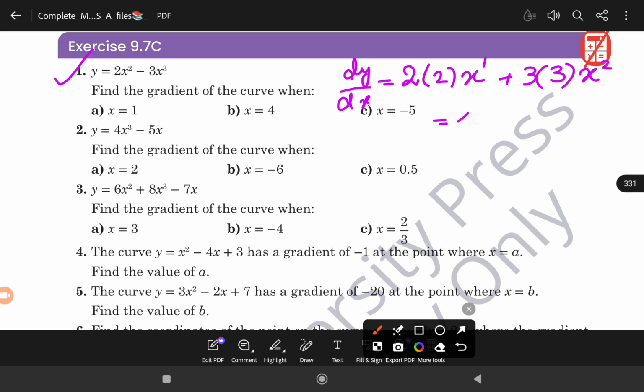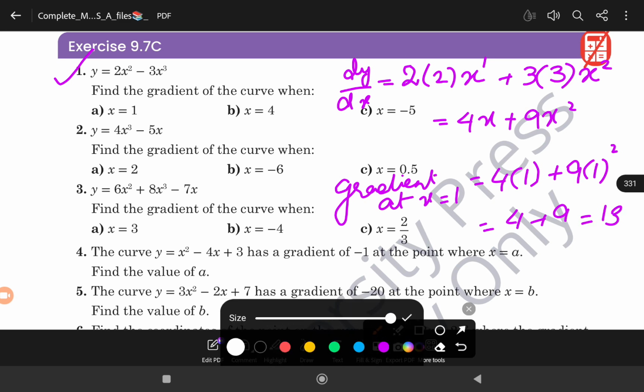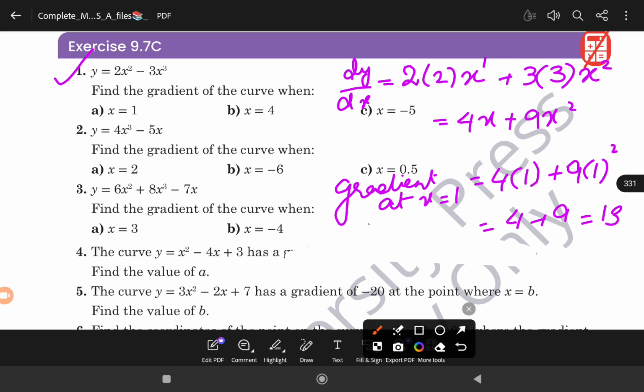So the derivative will become 4x plus 9x squared. Now you need to find the gradient at x equals 1. So put 1 in place of x and you will find your required answer. So 4 plus 9 will be 13.